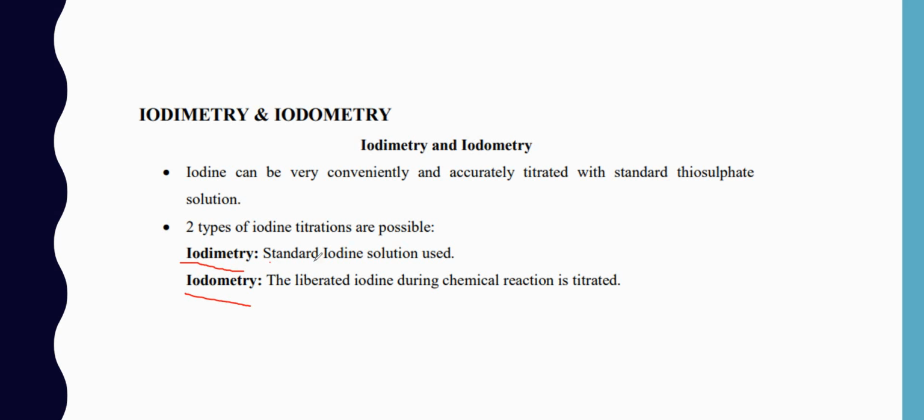In iodimetry, standard iodine solution is used, and the liberated iodine during the chemical reaction is titrated. So what is the difference between iodimetry and iodometry? I will tell you in very easy language. Iodimetry means we are using standard iodine solution. And iodometry is where we conduct a reaction, and after the reaction, iodine is liberated as a product or byproduct, and that iodine we titrate.